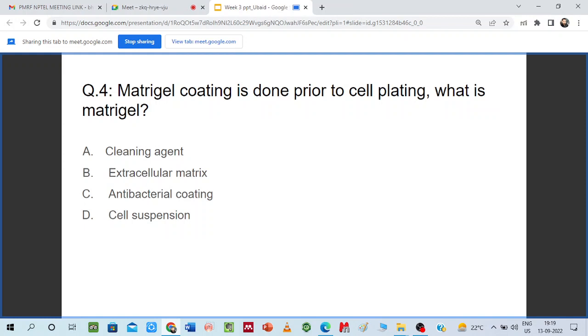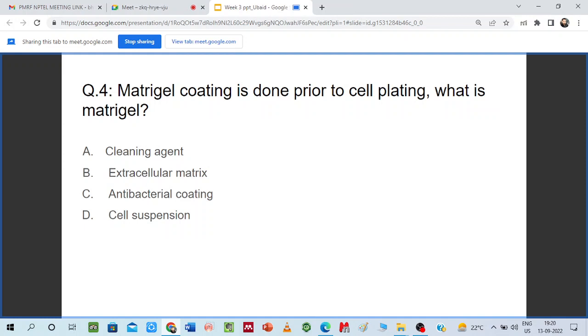So it has been shown that if the endothelial cells are grown without this Matrigel, on other coatings, for example, if the flask is coated by other extracellular matrix like collagen or polylysine, the cells will grow, but they will not form the natural spider web like structure.